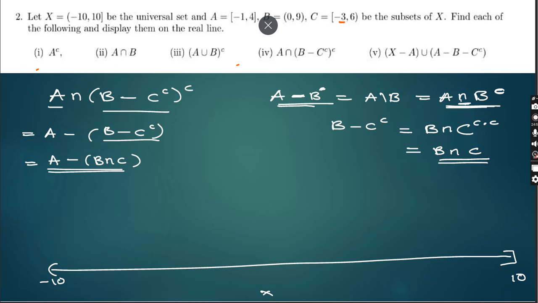What else do we have? We have -1, because -1 is bigger than -3. Then we have 0, then 4, then 6 in set C, then 9 in set B.